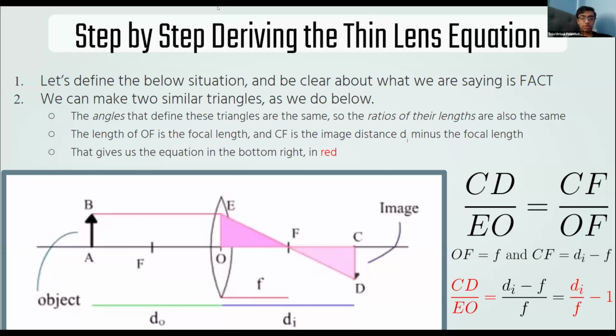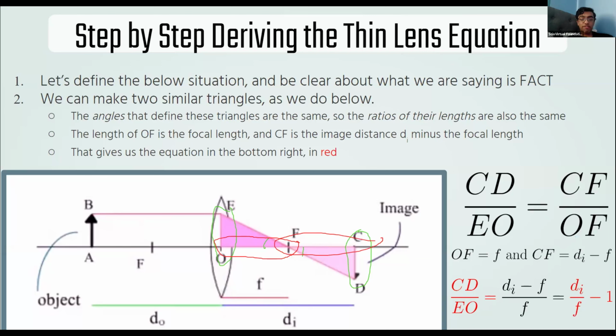Because this angle in green is the same as this angle in green, because of the transversal, we know that this line CD circled in green divided by the length of this line EO circled in green is the same as this line CF circled in red divided by this line OF circled in red. The ratio of green to green is the same as the ratio of red to red. This is because they are similar triangles, that's because of geometry.